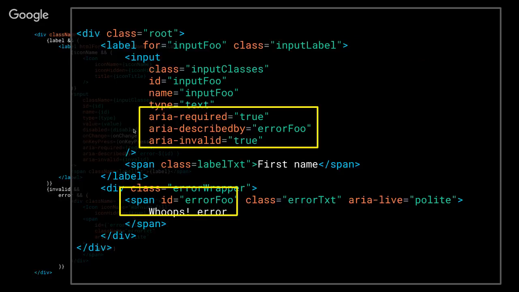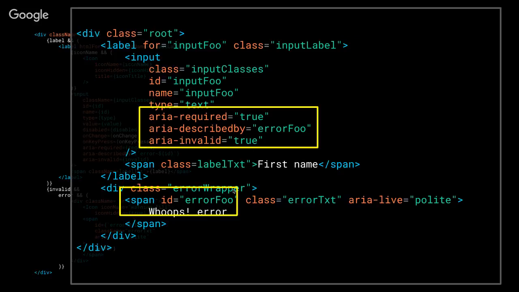The third ARIA attribute we've added is the aria-describedby attribute. This attribute allows screen readers to hear the error message, and with this aria-describedby attribute it's looking for the message that matches this value. This value is error-foo. And if you look down here in our error wrapper, this span has an ID of error-foo.